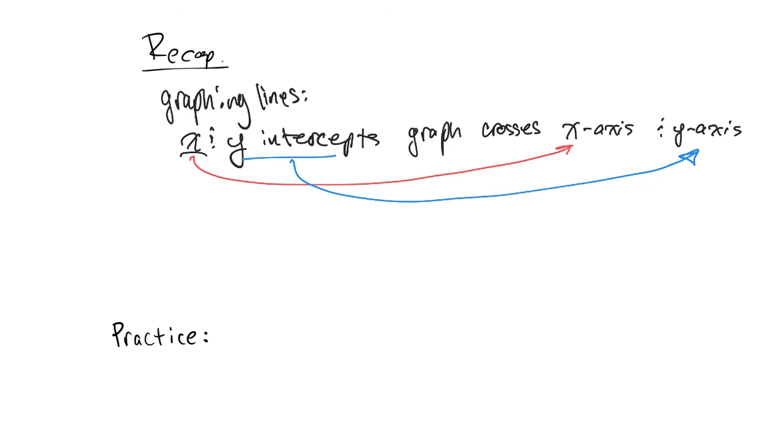Okay, we graph lines by being given 2 points and then connecting them. And also by being given 1 point and the slope.